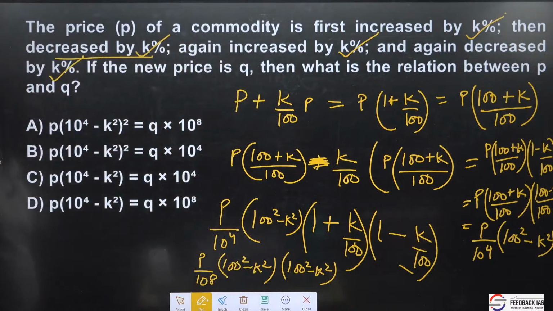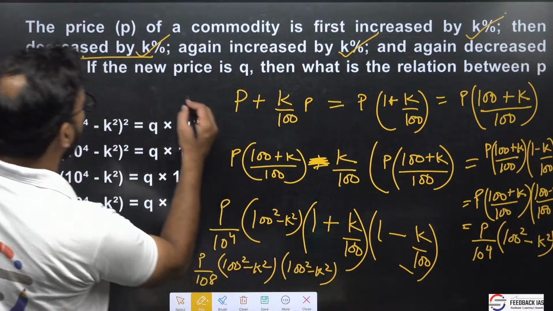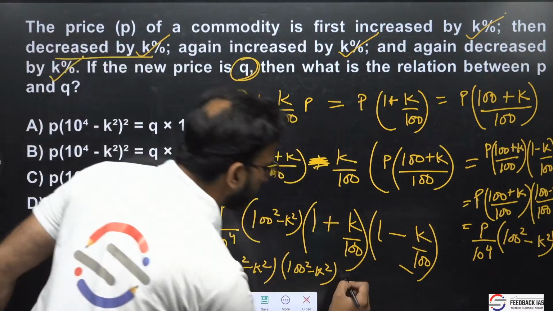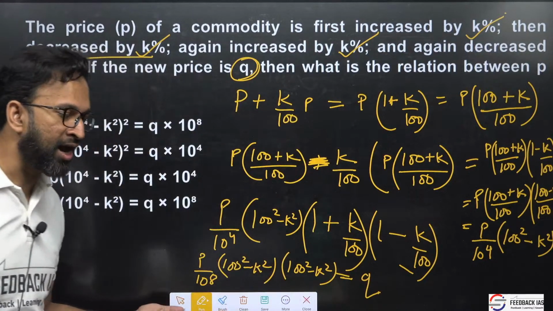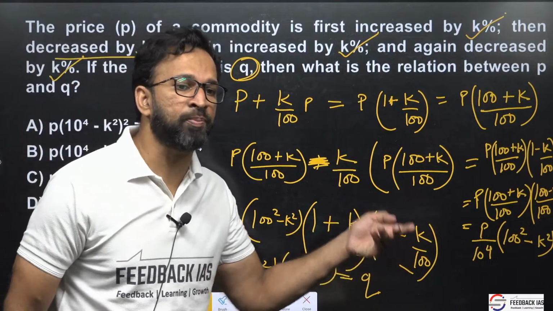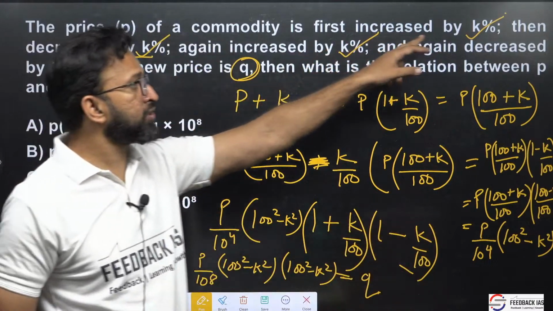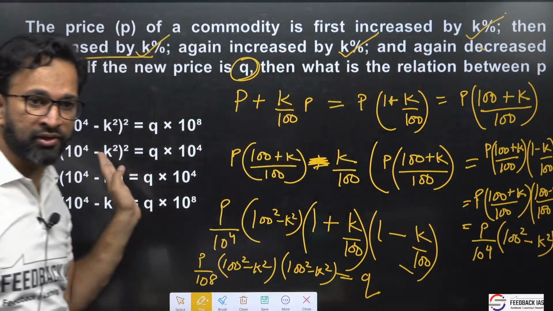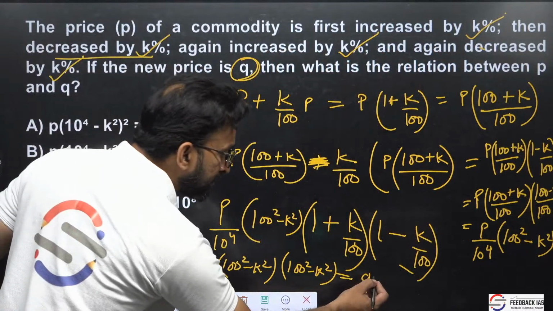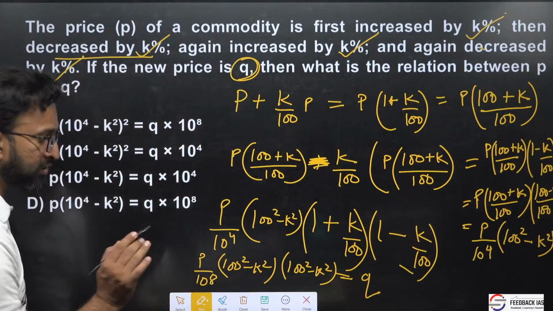And now within the question this is given as Q. So this is the new price after 4 successive changes in the percentages. First the percentage was increased, then decreased, then increased, then again decreased. Now you see that this is the Q price after 4 successive changes.